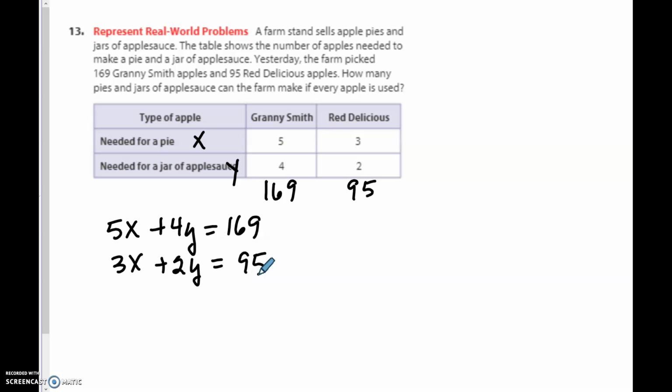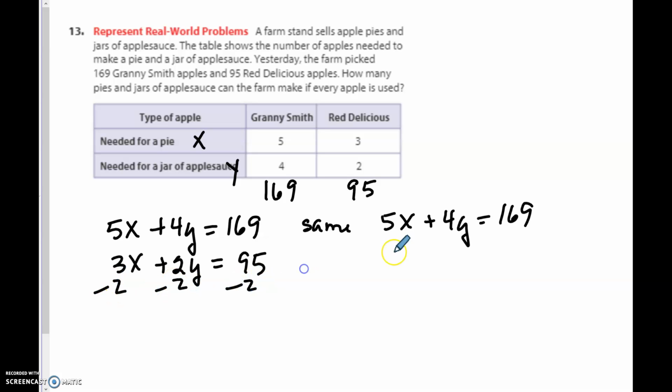All right, so now I think I'm going to get rid of the Y's here. So I'm going to keep this one the same. So I get 5X plus 4Y equals 169. Now I'm going to multiply everything by negative 2. So I get negative 6X, negative 4Y, and this is going to be a negative 190.